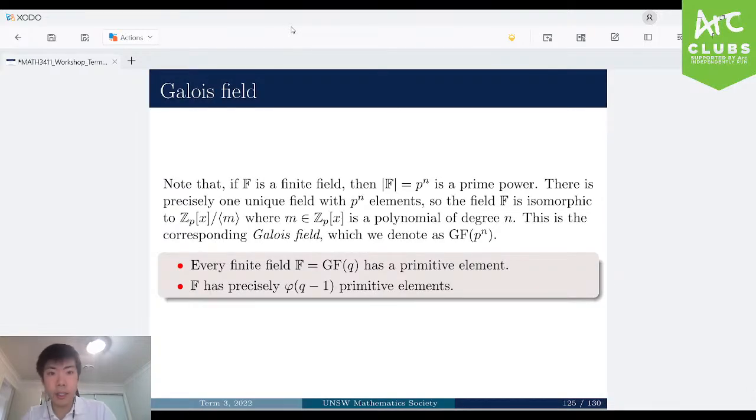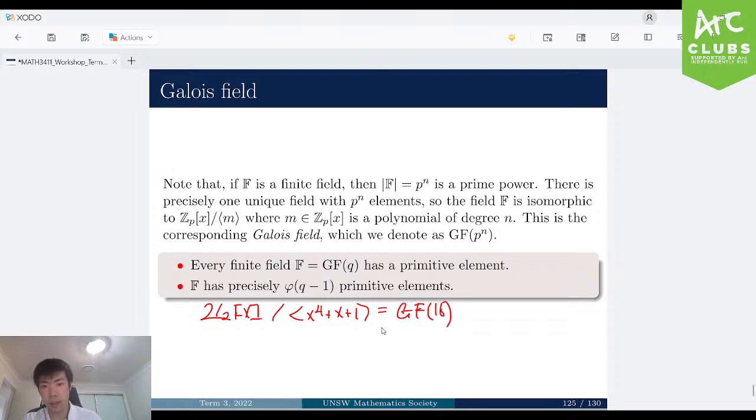Okay, so here we were looking at the example of Z2[x] modding out this polynomial here, right? And like we just said, this had 16 elements within it, and so we could also denote this just as GF(16).